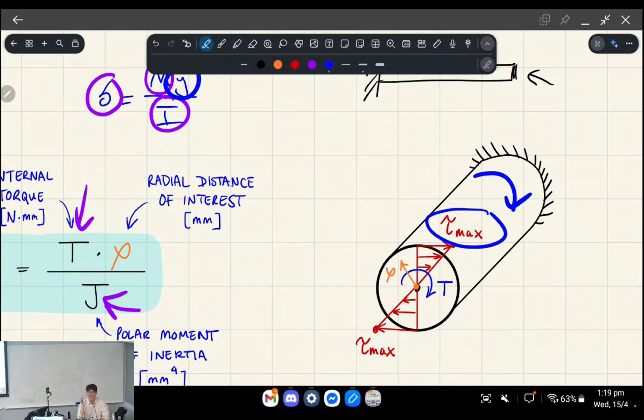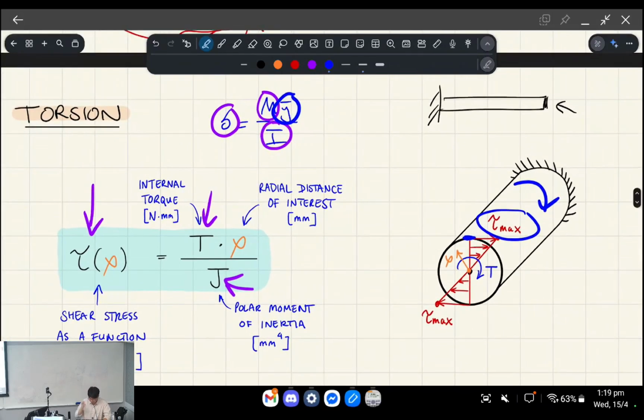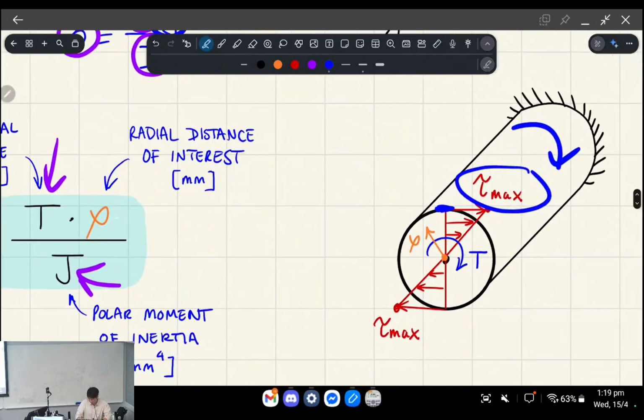Okay, but yeah, that's my arm. The skin's the outer part, so it experiences the most shear stress when you apply a torque to it. But I can map that versus rho. So rho is the equivalent of y from the other formula. Rho is how far away I am from the middle.